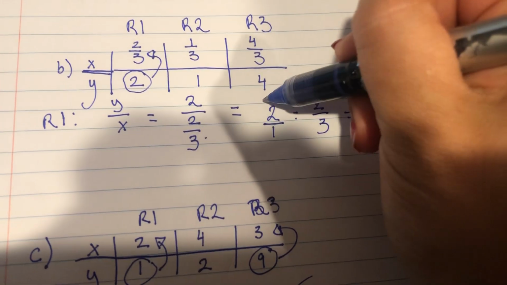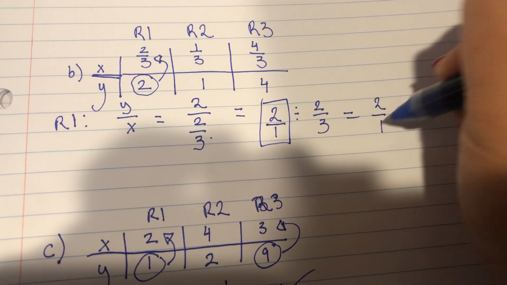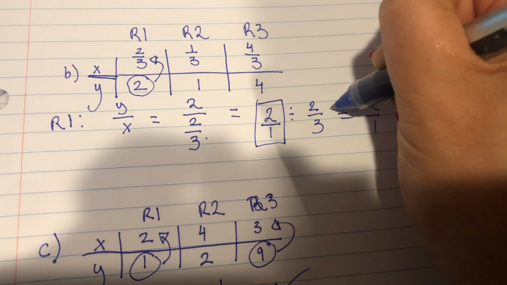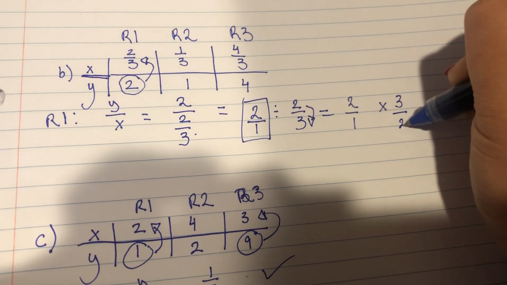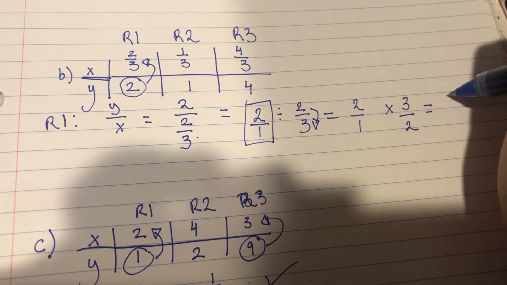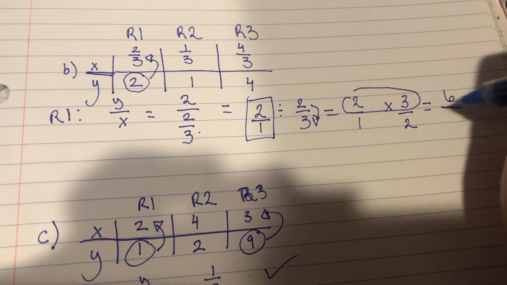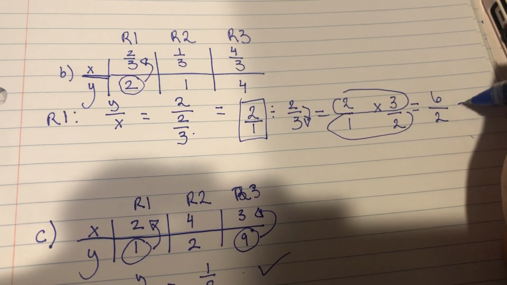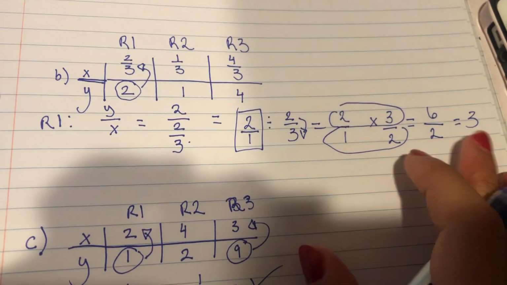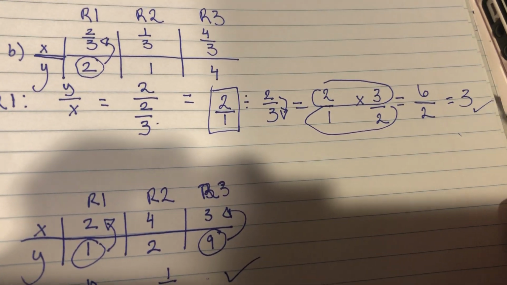So what we do is we keep the first number, 2 over 1, change to multiplication, and remember we flip. So this would be 3/2. So when I multiply across, I get 2 times 3, which is 6, over 2 times 1, which is 2. So that equals 3, because when I simplify 6 over 2, that gives me 3.